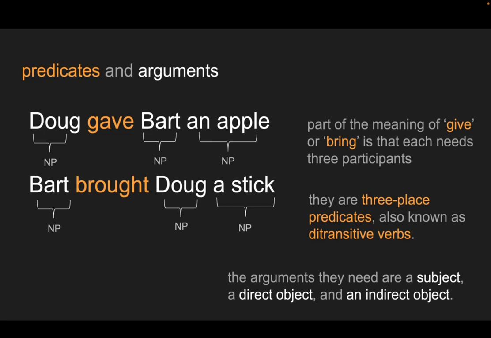So even if you don't say the arguments out loud, your listener is going to understand that they exist, and your listener is going to construct those arguments based on context, based on general knowledge, etc. Right? So this is about the meanings of verbs and the kinds of predicates that they build.